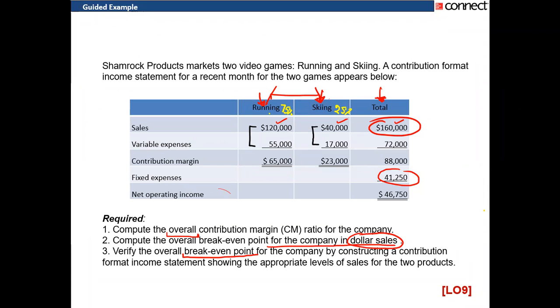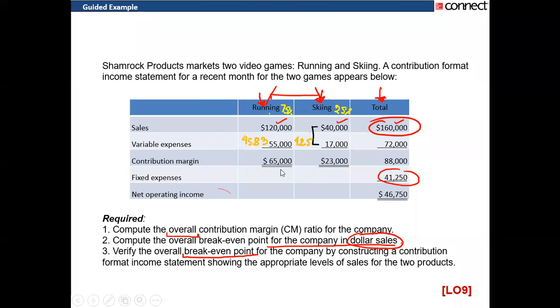The responses are not kind of uniform. 45.83. Is it for running? Yeah. So let me write it here. 45.83. And for Skyeng, you are saying that it is 42.5.